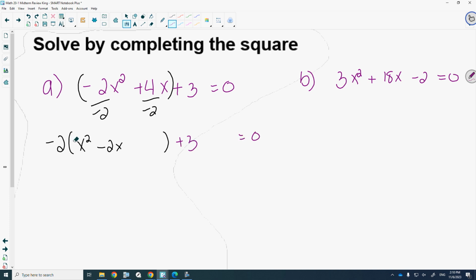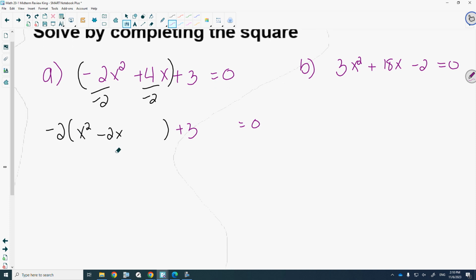Okay, once you have a 1 in front of your x squared, we're going to make our magic number by taking that negative 2 and dividing it by 2. And we will get negative 1. Whatever number you get there, you're going to square it, and we will get a plus 1 here, and then we're going to get minus. If you add 1 in here, we have to balance it by subtracting 1.